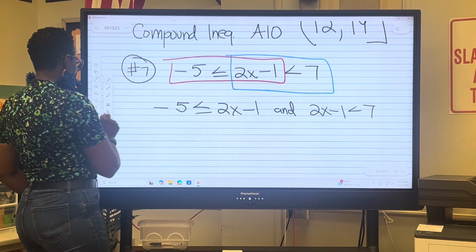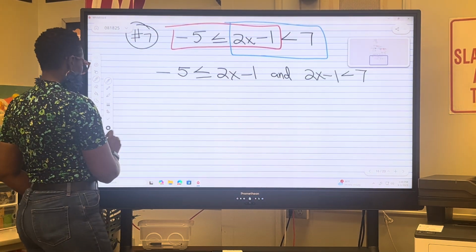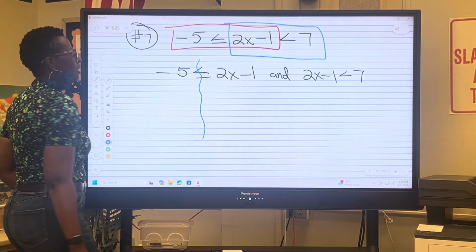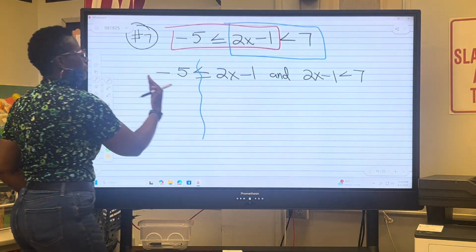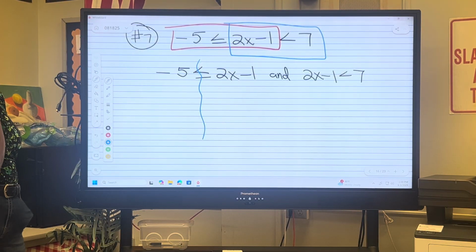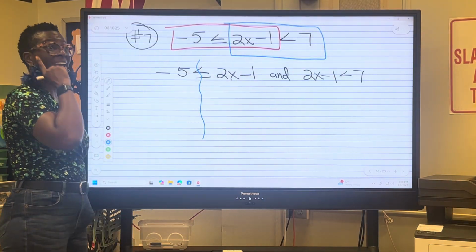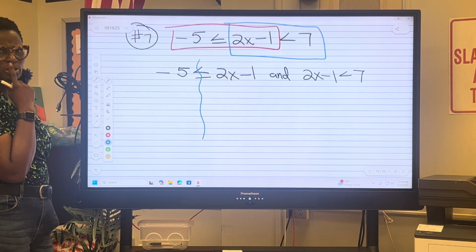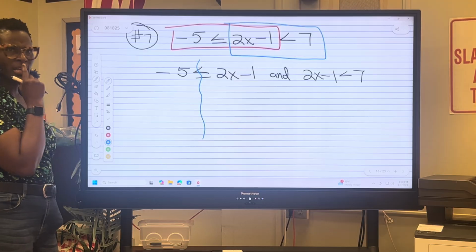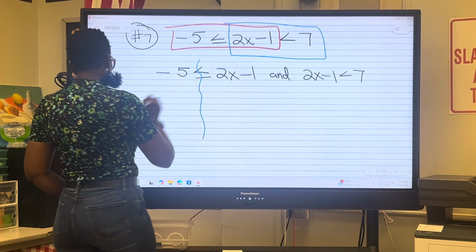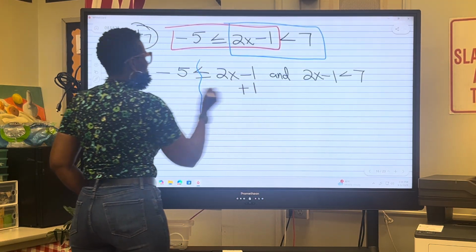Let's solve this. What am I solving for? X, the variable. What's around x that I want to get rid of? -1 and 2. Which one do I get rid of first? The -1. How do I get rid of a -1? Add 1 to both sides.